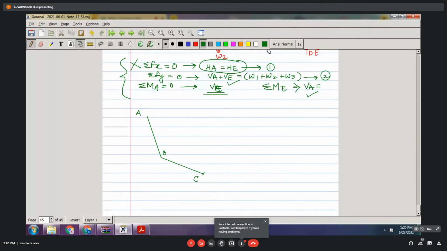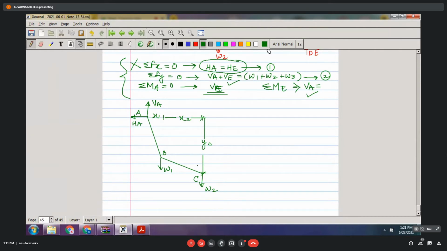So I will get this as W2, this as W1, this as HA, this as VA, this is up to this distance X1, this remaining is X2, this perpendicular is YC. बरोबर का? काढली का मी diagram?